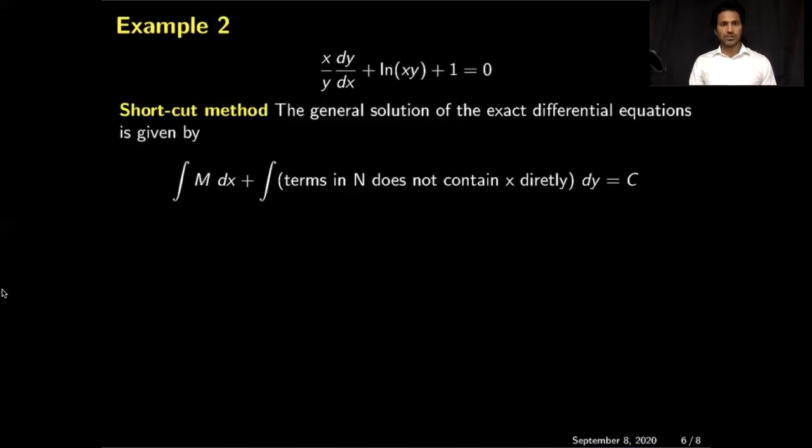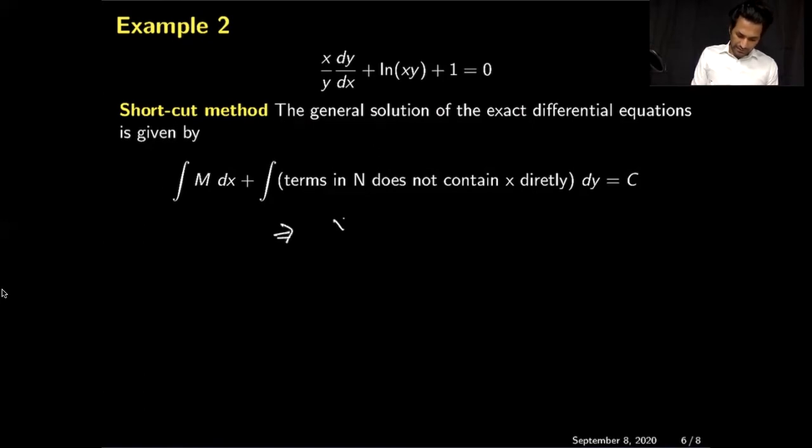Next, we will learn a shortcut method to write down the solution of an exact differential equation in one line. And here you can see the problem in the example is an exact differential equation, which we already verified in the previous example. So again, first let me write down this differential equation in the form M dx plus N dy.